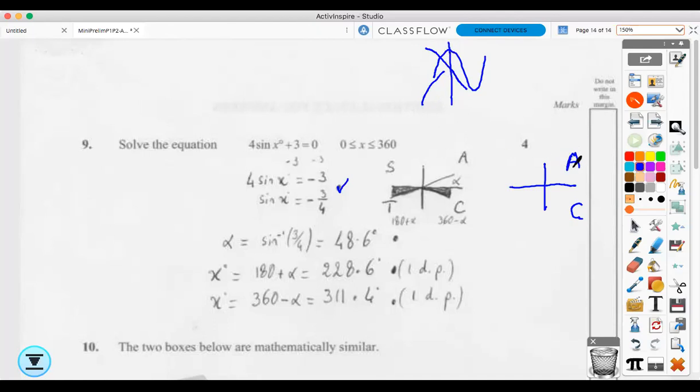So the first quadrant is where it says A, where my positive angle is. And unfortunately, when you're going to solve these, you're going to have to find the first quadrant. There is no two ways about going through this question. If you use CAST, you're going to have to find the two positive angles. Okay?